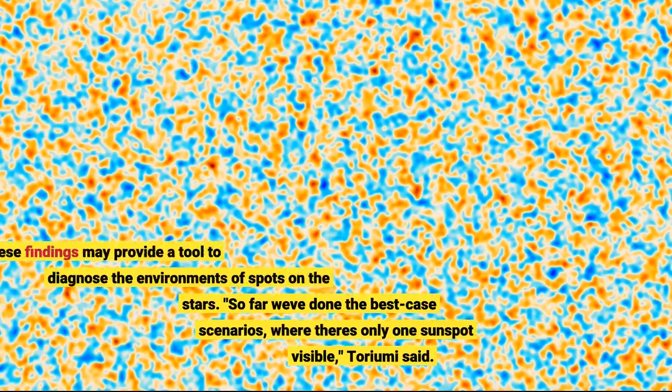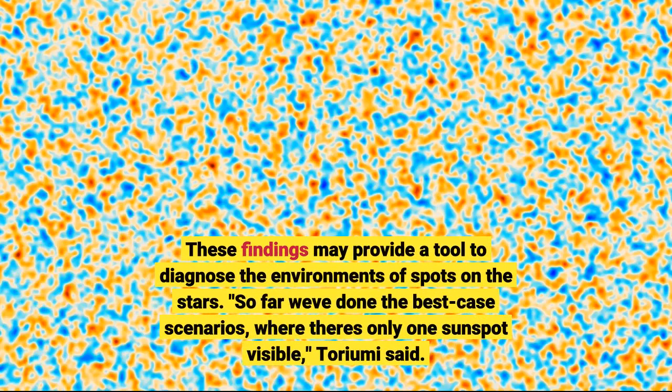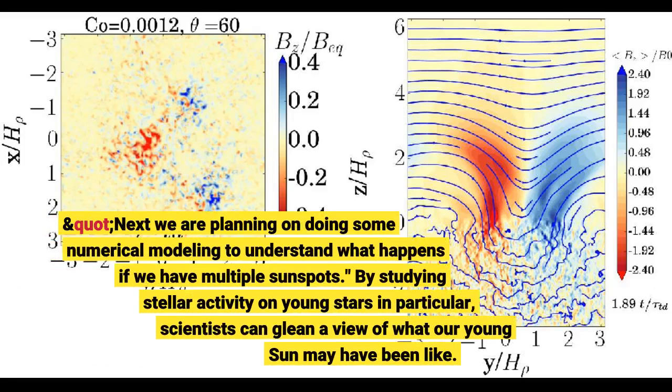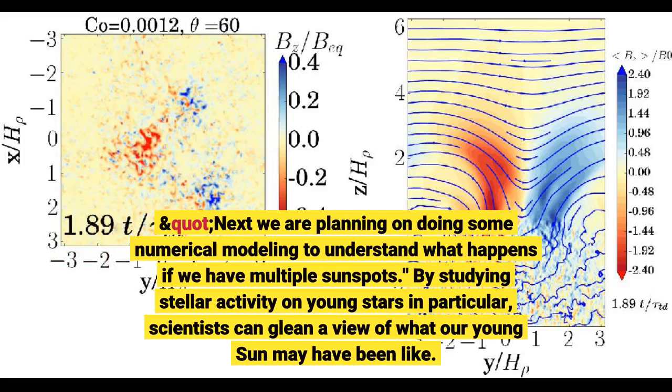These findings may provide a tool to diagnose the environments of spots on the stars. "So far we've done the best-case scenarios, where there's only one sunspot visible," Toriumi said. "Next we are planning on doing some numerical modeling to understand what happens if we have multiple sunspots."